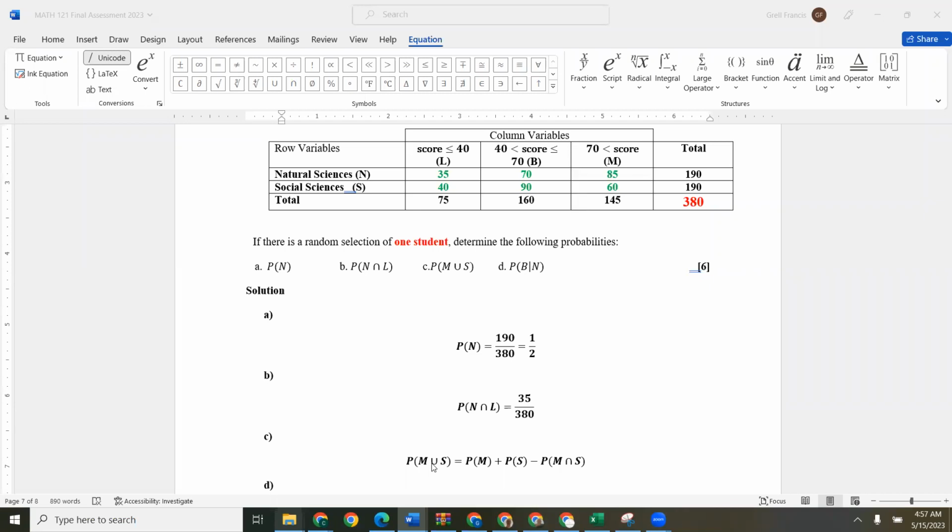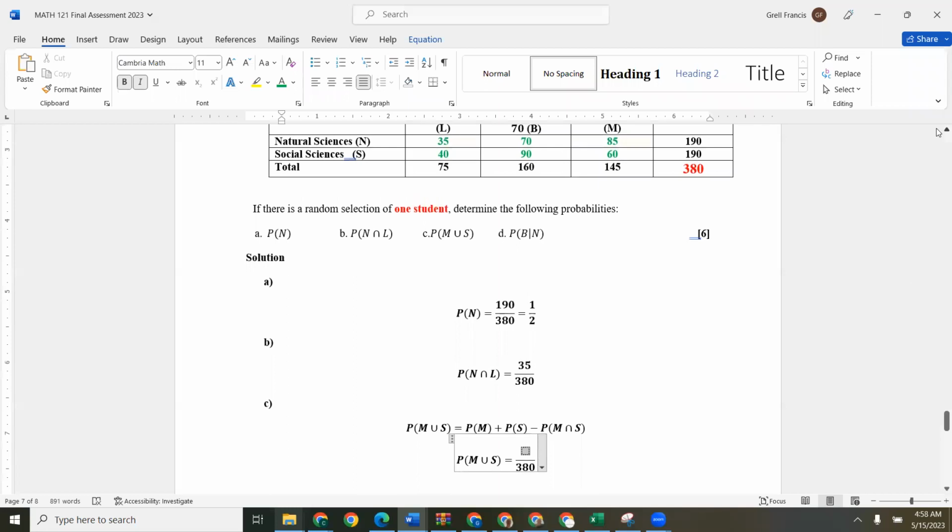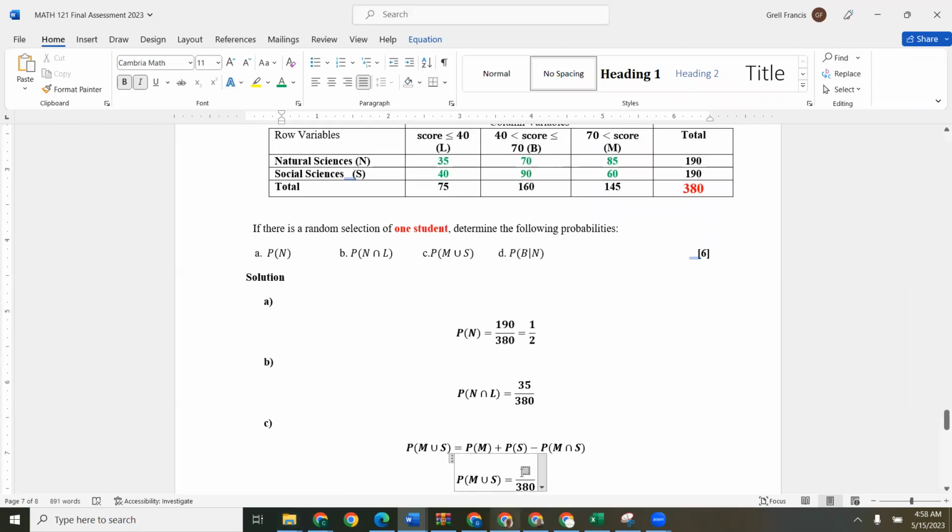So the probability of M union S is the probability of M plus the probability of S minus the probability of M intersect S. By the way, as we know, the denominator will always be 380. So how many scored more than 70? 145 of them out of the 380.